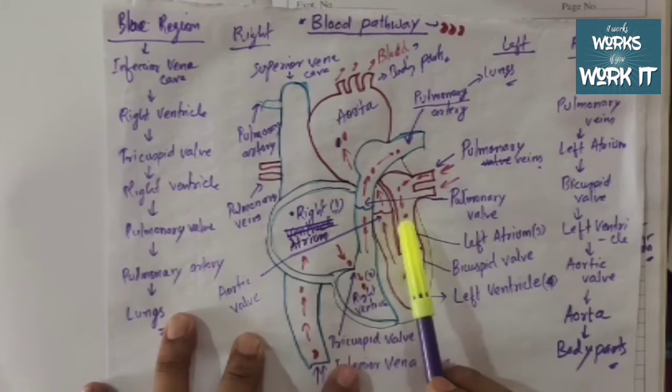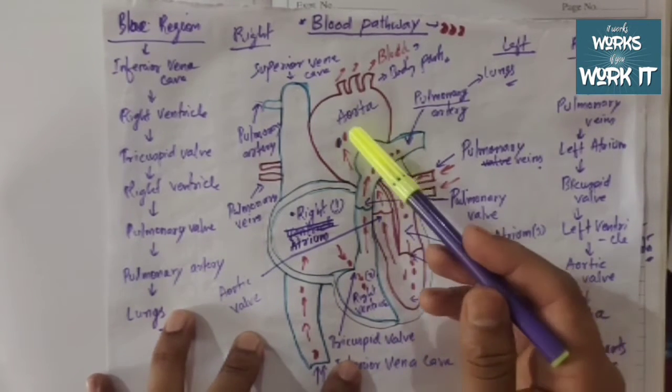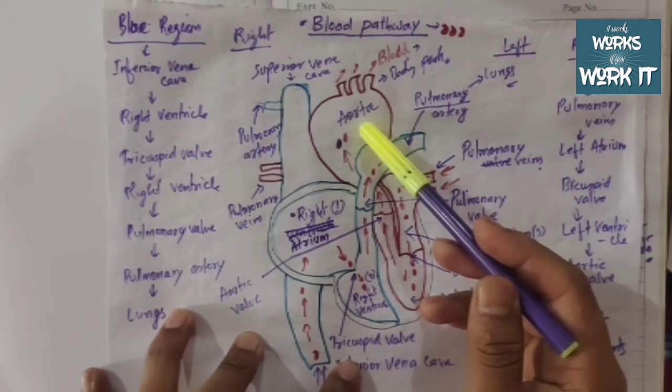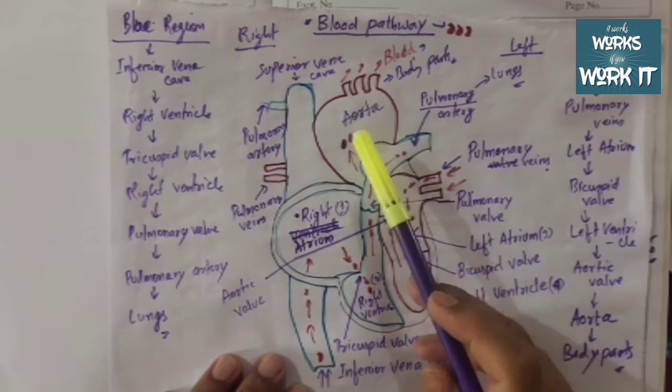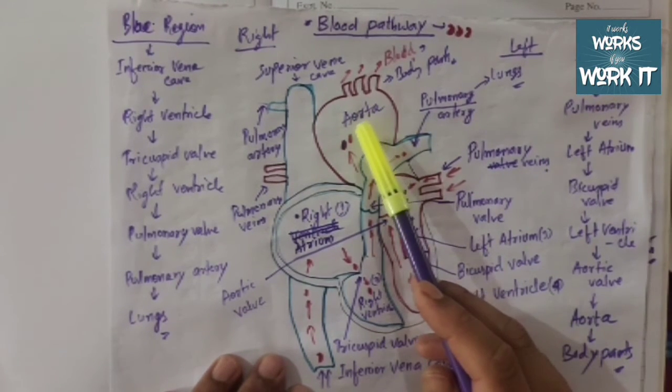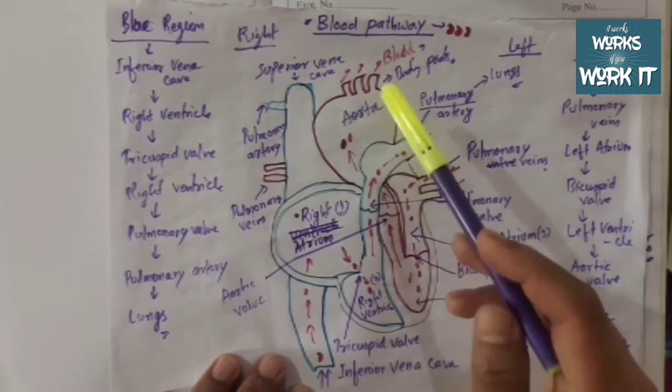This is the aortic valve, and from the aortic valve it reaches the aorta, and the aorta is a major region or major artery from where all the oxygenated blood is sent throughout the body.